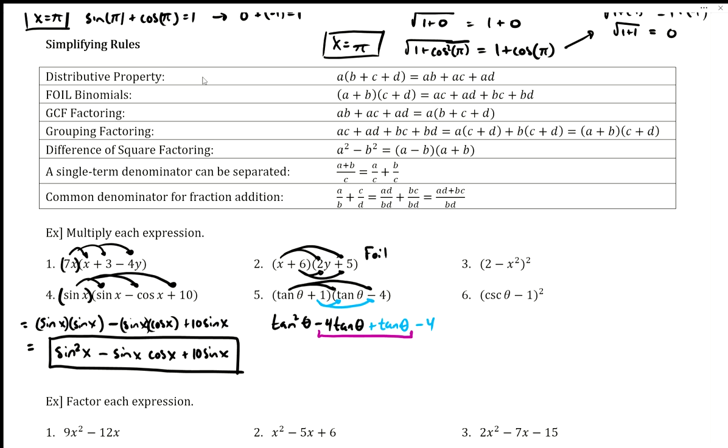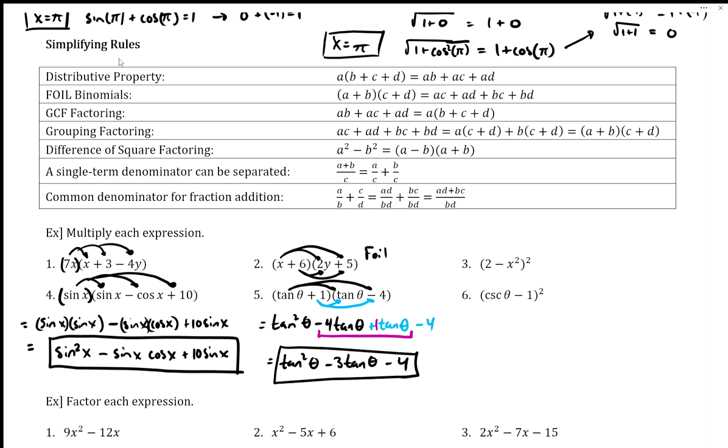Again, just like if it was negative 4x plus x, I mean, there's a 1 there too that we can put. We know the coefficients should just combine. So what we'll do is rewrite it as tangent squared of theta. Negative 4 plus 1 would be minus 3, and then attach the tangent theta, and then a minus 4.